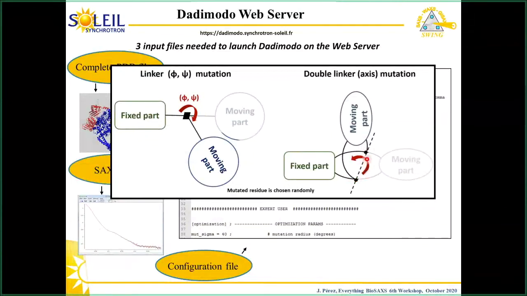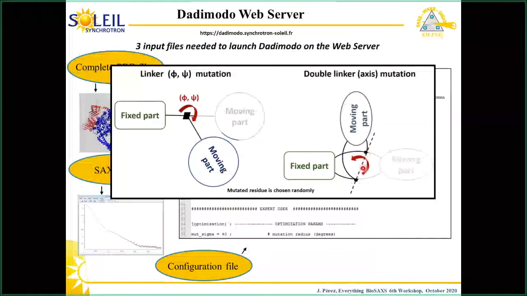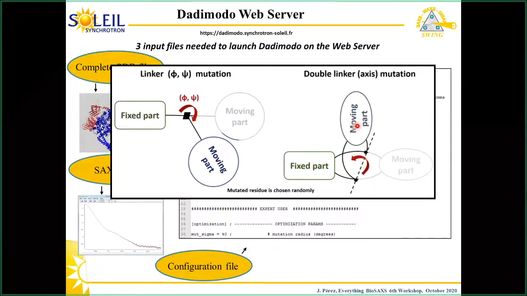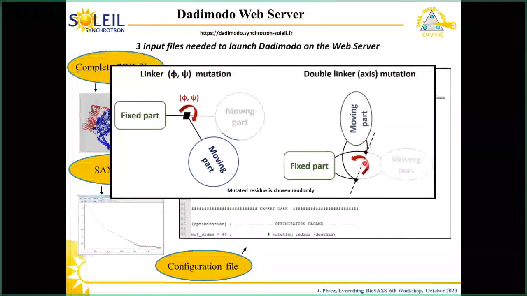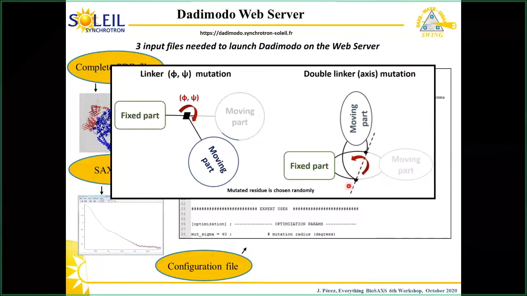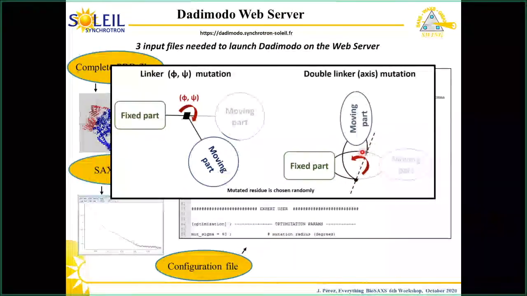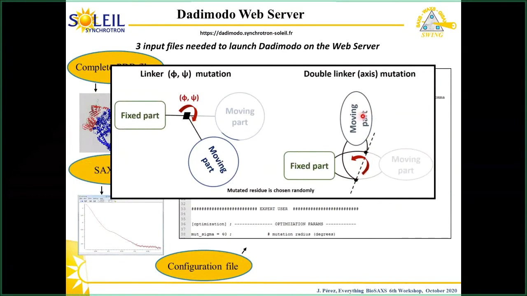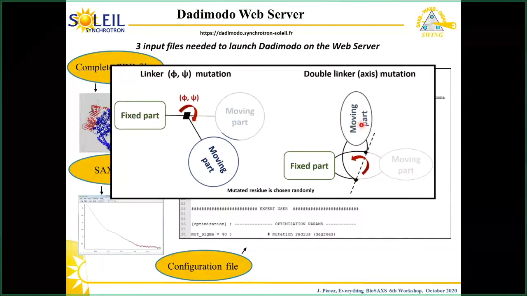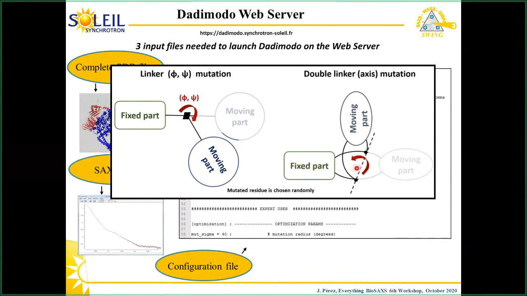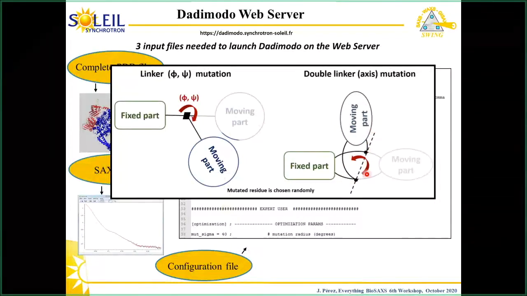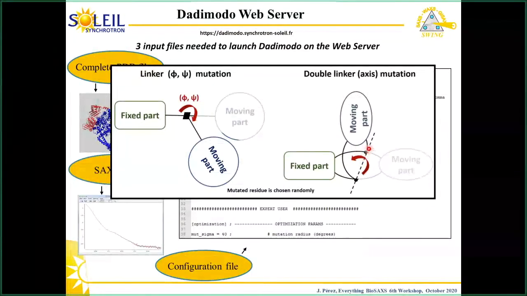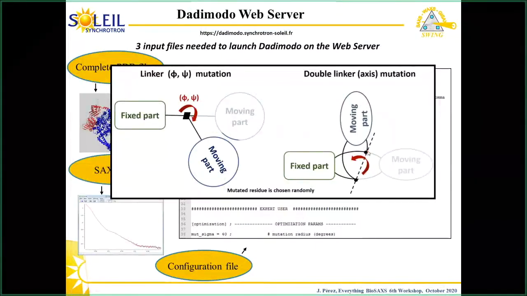And also what we call a double linker axis mutation, which is when you have two domains which are linked by two linkers, then we make a rotation arbitrarily through two residues of two different parts of the linkers. Then one domain is rotated with respect to the other one by this axis, and then there is an energy minimization process that will remake the bonds here that were disrupted by this arbitrary geometrical rotation.